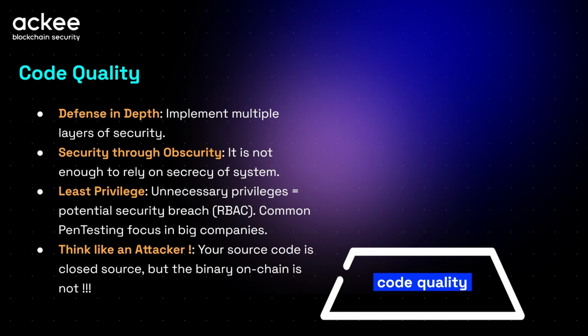Your source code is closed source, but the binary on-chain is not. I was talking about this in the security through obscurity: you think that you are protected through obscurity, but the attackers actually have access to the binary. During the process of writing smart contracts or applications, always ask a lot of questions.